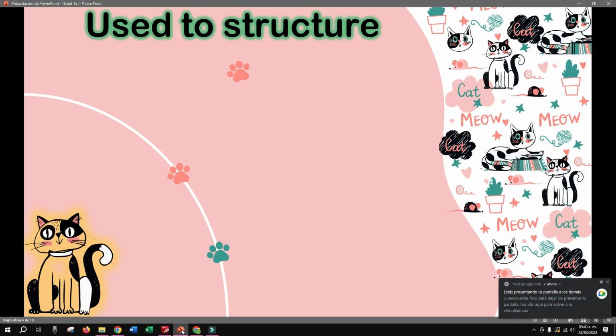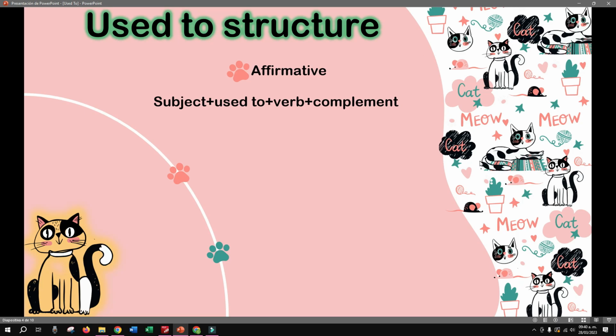Now the structure. We can have the affirmative form there. First of all, we're going to have the subject plus used to plus the verb plus the complement, right? I used to play tennis when I was young, right?